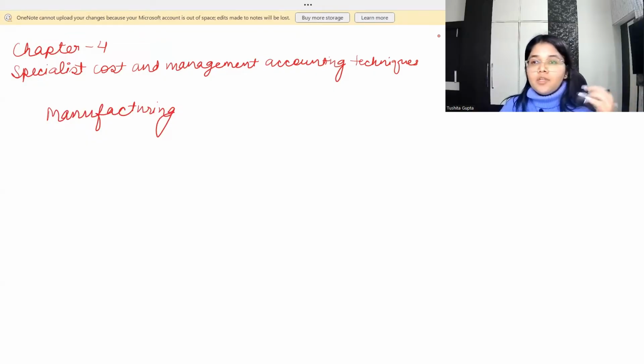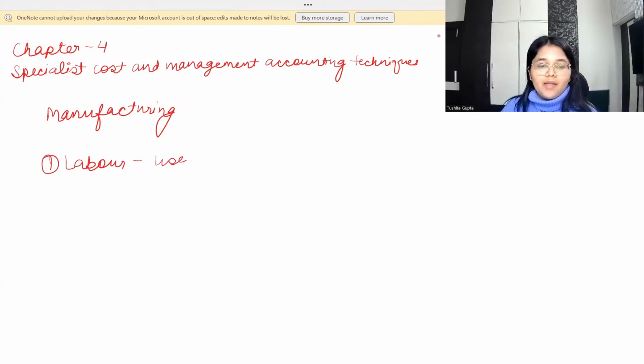Currently, the changes that we can observe in the manufacturing environment are, number one, with respect to labor: the importance and the use of direct labor has decreased, with more and more machines being produced and more and more automation. The use and the importance of labor has decreased over the years.